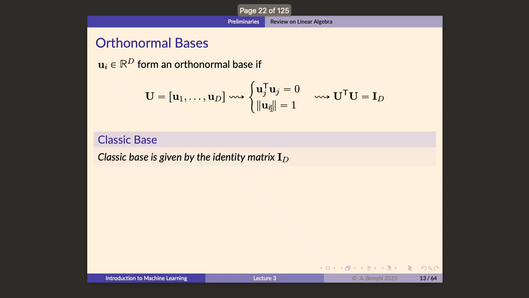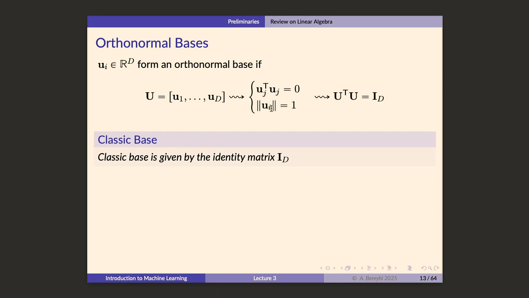So the classic one is when you consider this matrix U to be the identity matrix, right? So if I set matrix U to be the identity matrix, let's think about d equals 2. Then in this case, U is going to be 1, 0, 0, 1, right? And then this is one of the bases.